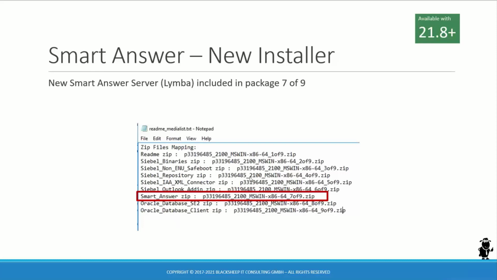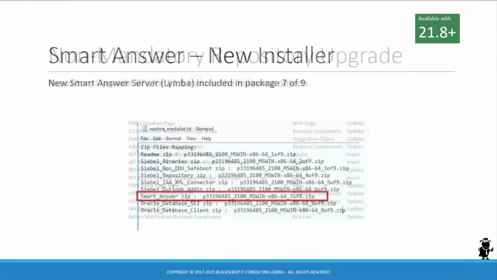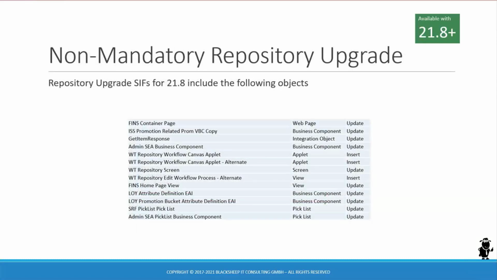But Smart Answer, there's a new installer for Windows, obviously. So it's a Windows package. Whenever I have time, I run the repository upgrade and get the non-mandatory parts, and then I check what's been added.